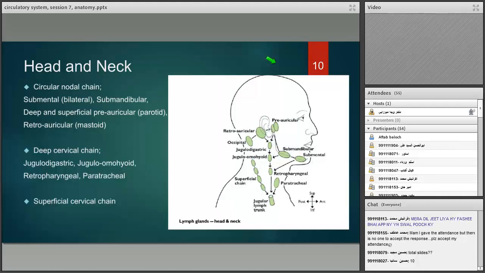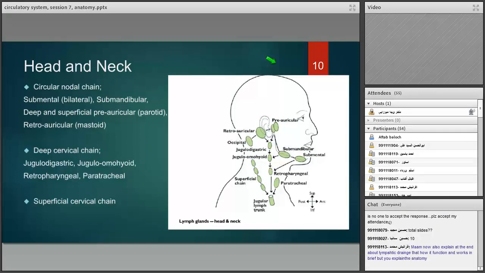So that is the importance of the lymphatic system. That was all we had to know about the lymphatic system. If you have any question, you can ask, and if not, next time we will start the embryology of the circulatory system.